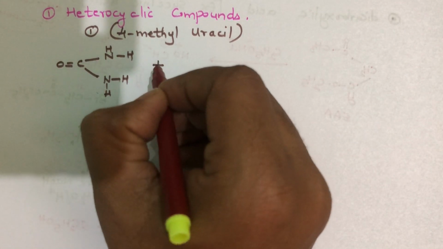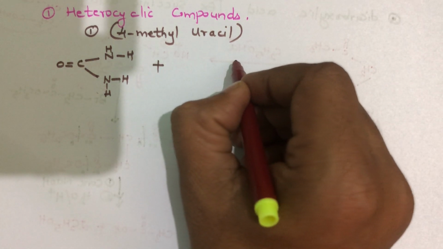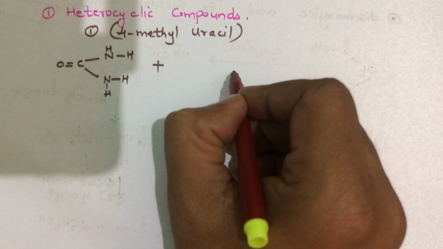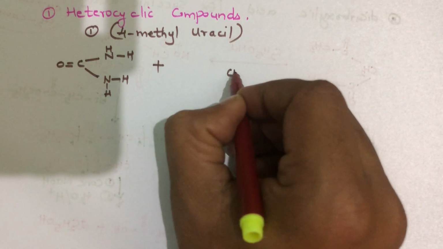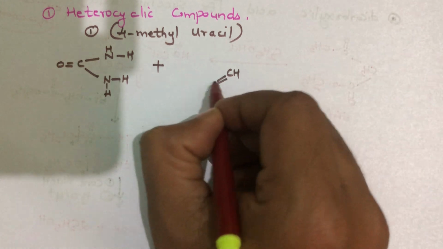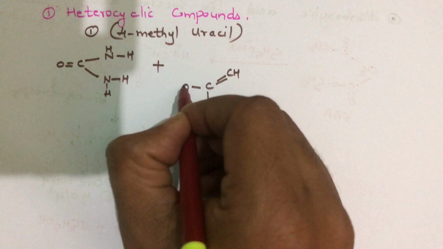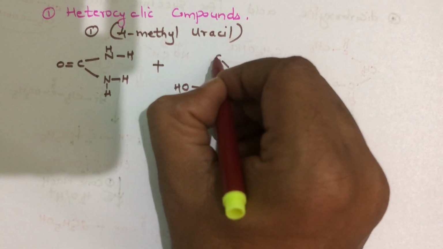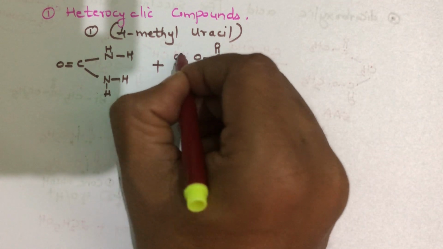Whenever it is treated with ethyl acetoacetate, I will write the enol form of that ethyl acetoacetate: CH3, C(OH), double bond CH, C double bond O, OC2H5.